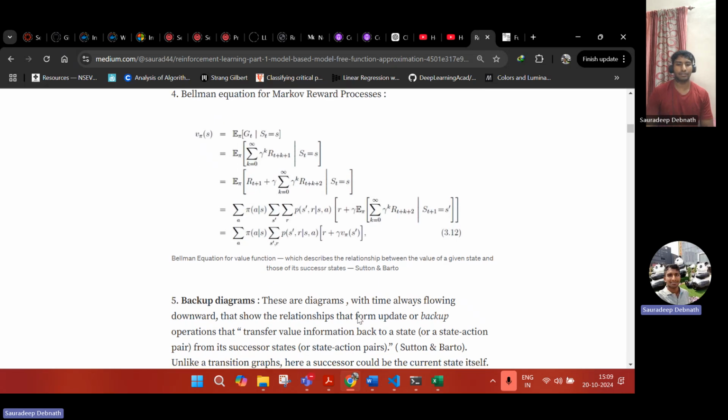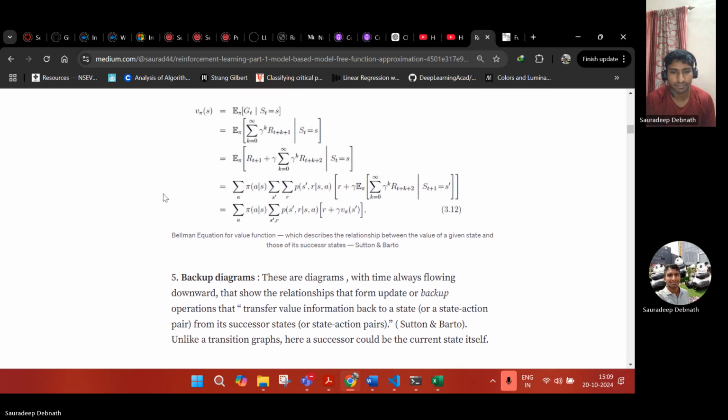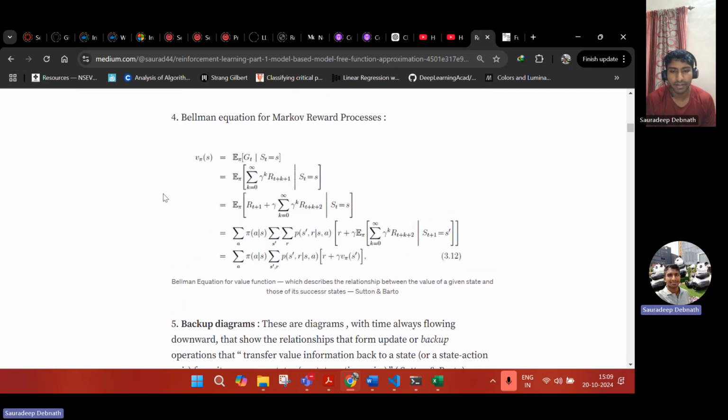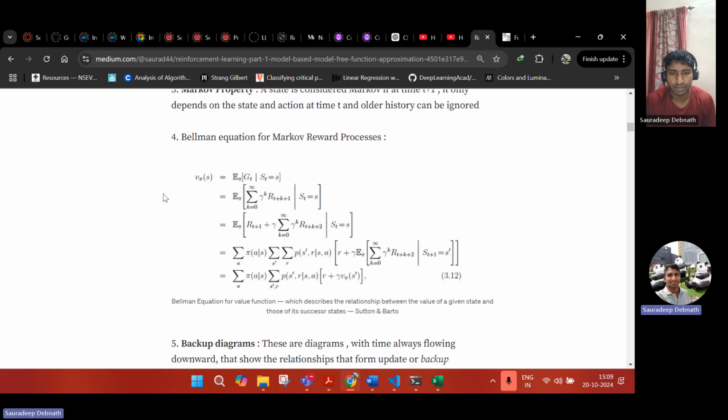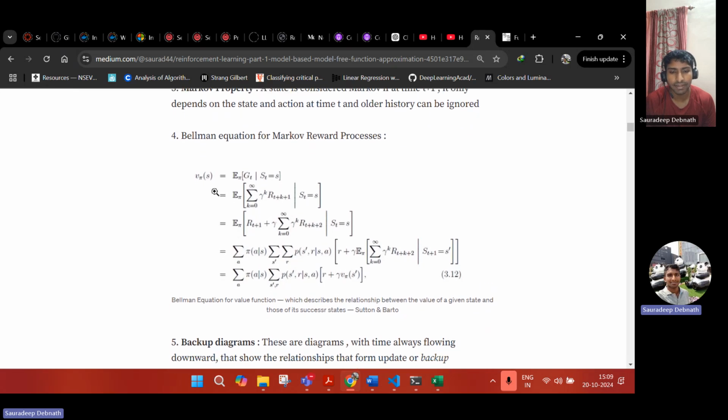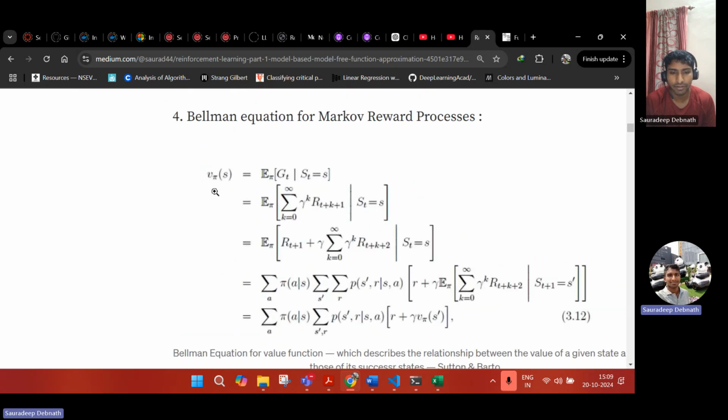Now let's try to understand this. What it shows is the value of a state S. How do we determine this? We first see what are the possible actions A we can take from this state.